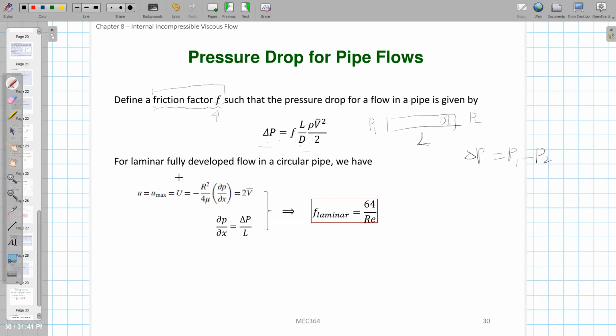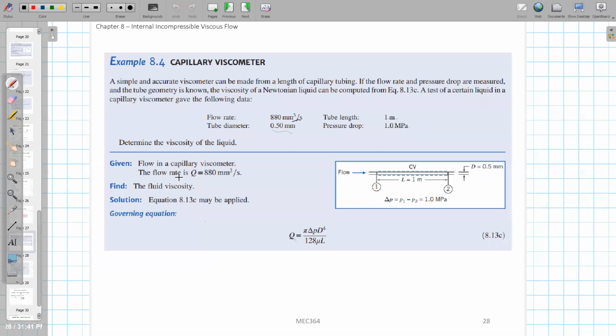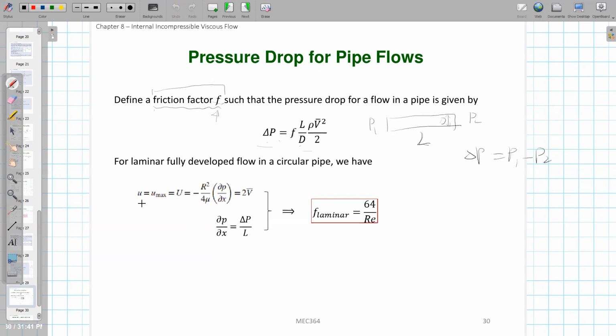Based on the result we obtained before for fully developed flow, we already know the u profile is equal to this one. The maximum velocity will be 2 times the average velocity, so the average velocity will be R squared over 8 mu times partial p partial x.